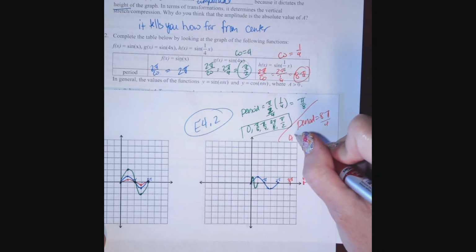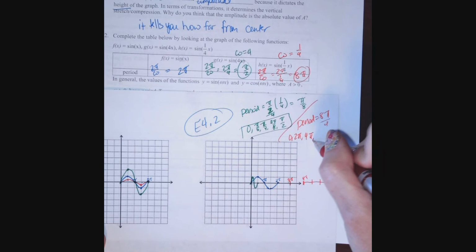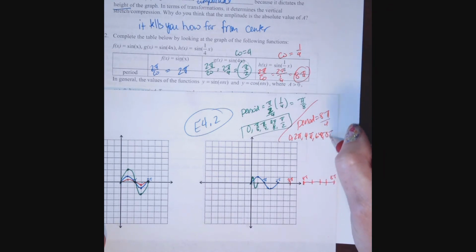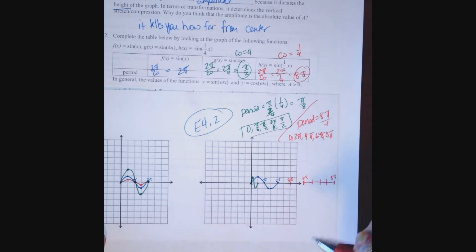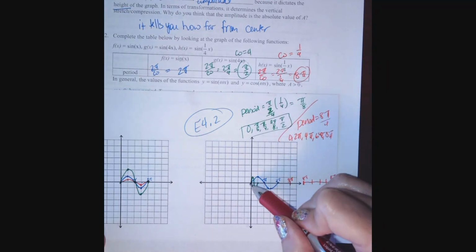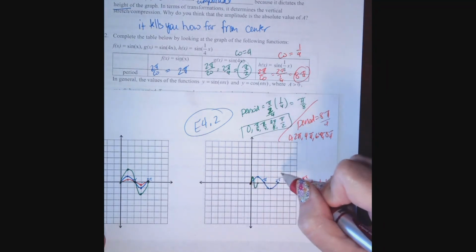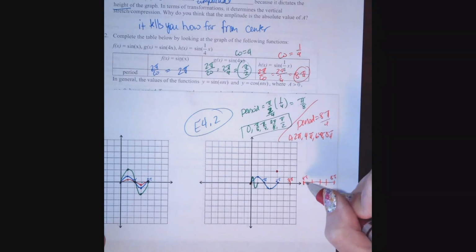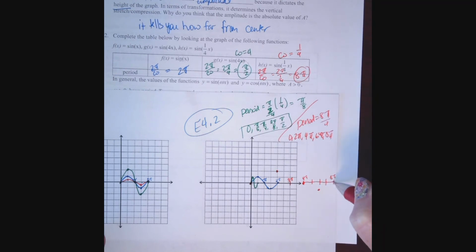So I have points at 0, 2 pi, 4 pi, 6 pi, and 8 pi. 1, 2, 3, 4, 5. There's my 5 points. So 0 at center, peak is at 2 pi, center is at 4 pi, trough is at 6 pi, and then center is at 8 pi.